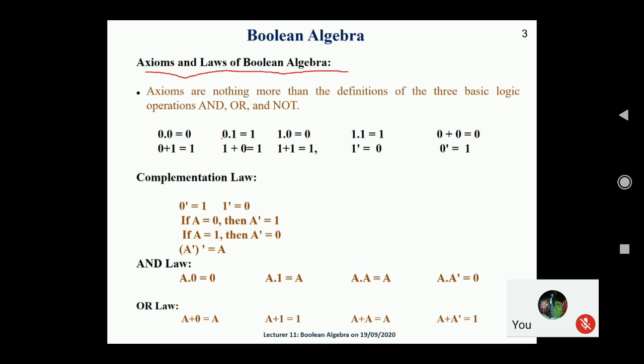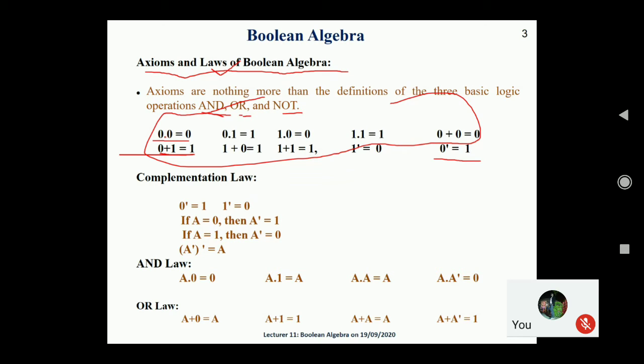Axioms are nothing more than the definition of three basic logic operations: the AND operation, the OR operation, and the NOT operation. So this one is called an AND operation, this one an OR operation, and this one a NOT operation.